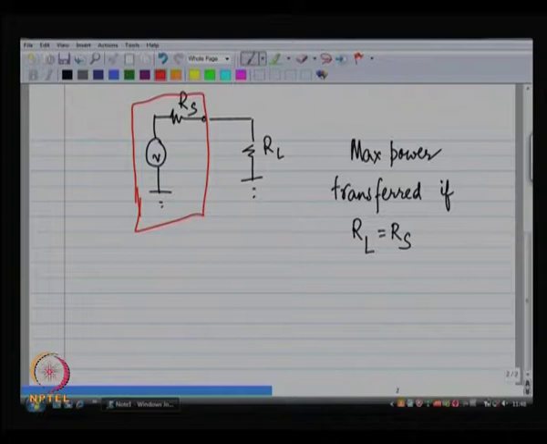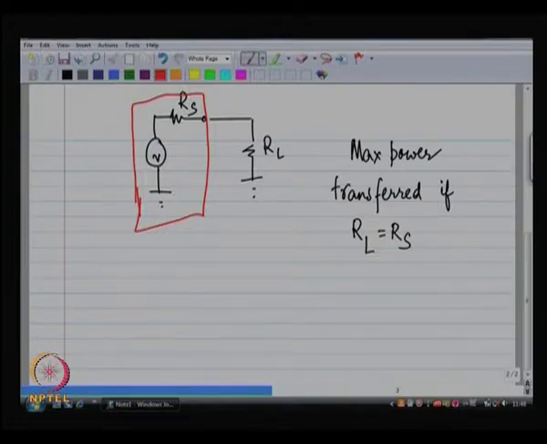It is unfeasible to think of a voltage source without any source resistance. So, this represents the source resistance that is inside the voltage source. It is unavoidable and you cannot change it. So, this is number 1, that the source resistance cannot be decoupled from the source.